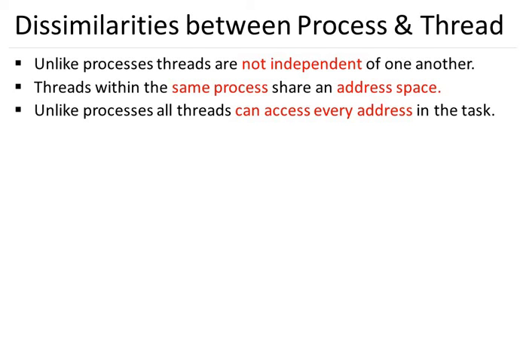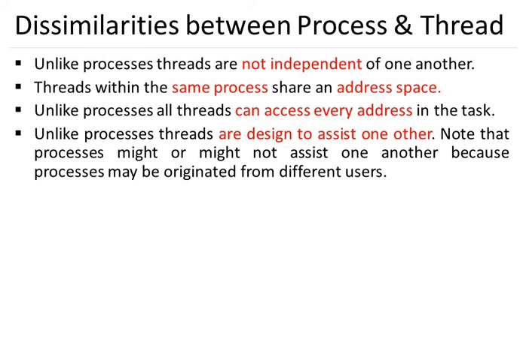But if I talk about threads, for example, if in one process there are a total of 5 threads, then all 5 threads can access every address in the task. Unlike processes, threads are designed to assist one another, whereas processes might or might not assist one another, because processes may originate from different users. That is the reason.